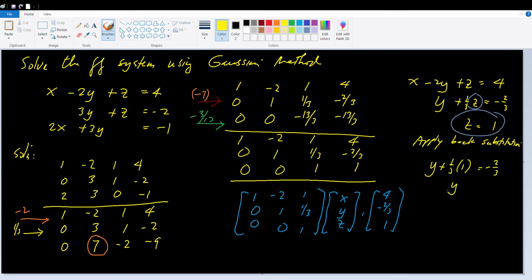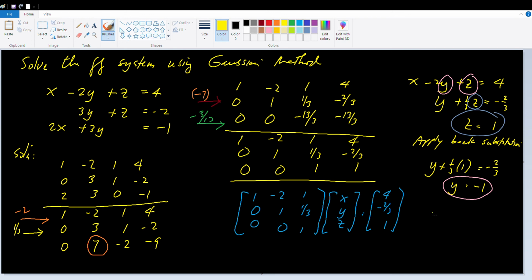So it gives us the value of y equal to -1/3 and -2/3, -1. Okay? Then, we will substitute z equal to 1 and y equal to -1 in the first equation to find the value of x.